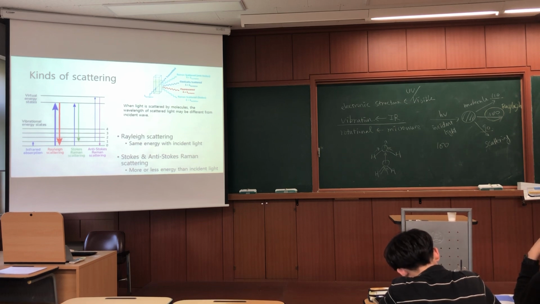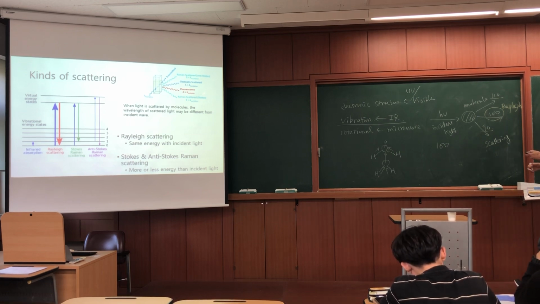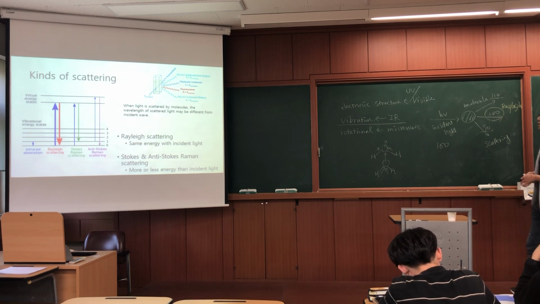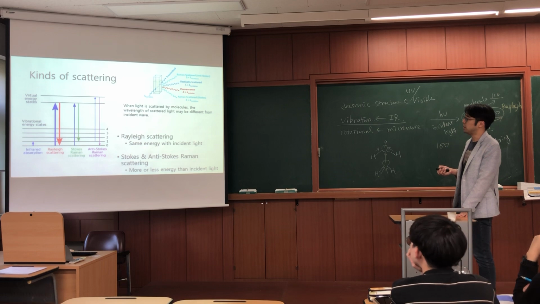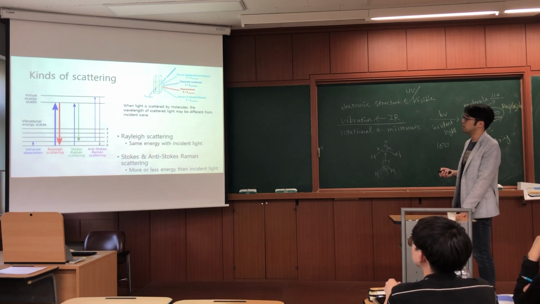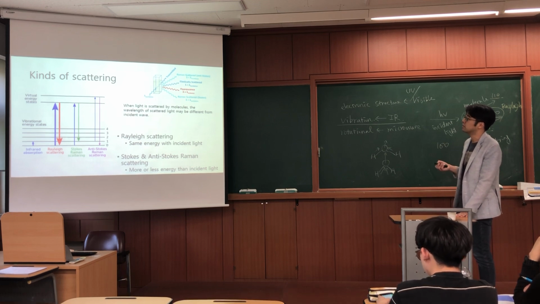So if we hit a sample with a laser, the light scatters. Some light is called Rayleigh scattering, but some scattering is called Raman scattering. Rayleigh scattering has the same energy as the incident light, but Stokes and anti-Stokes Raman scattering have less or more energy than the incident light, right?